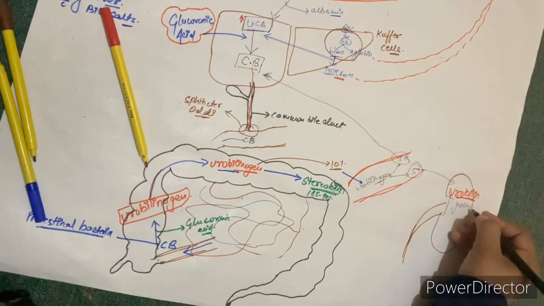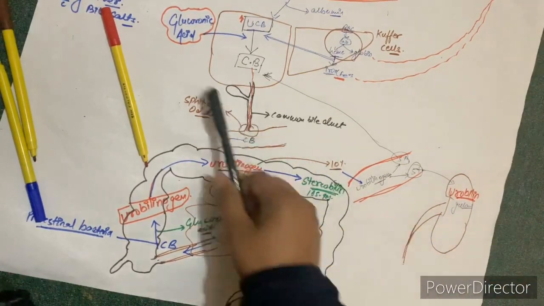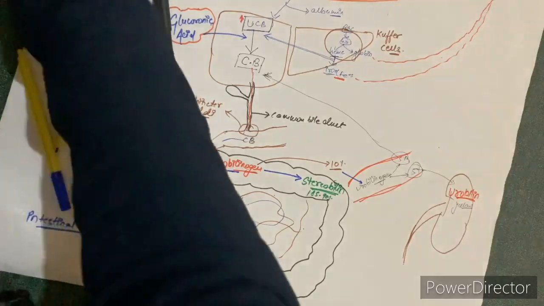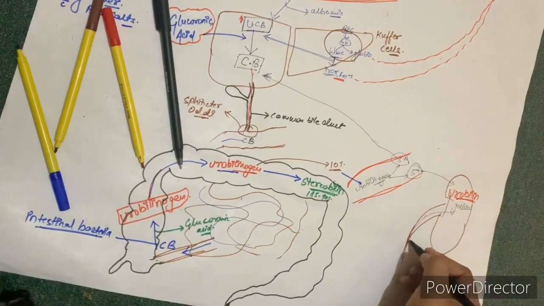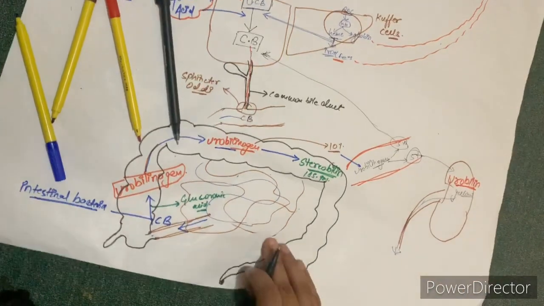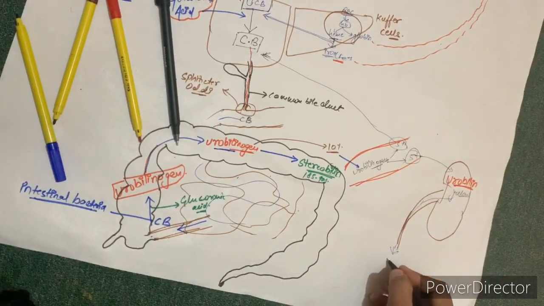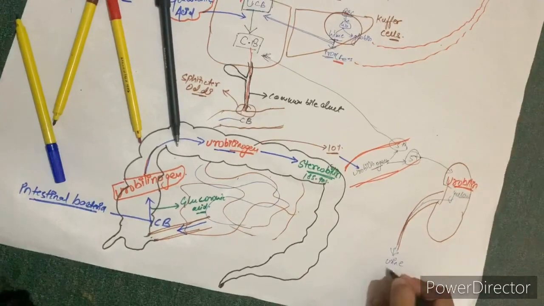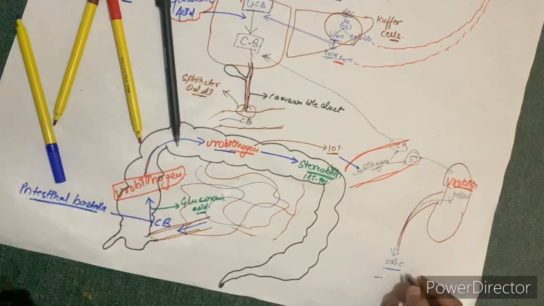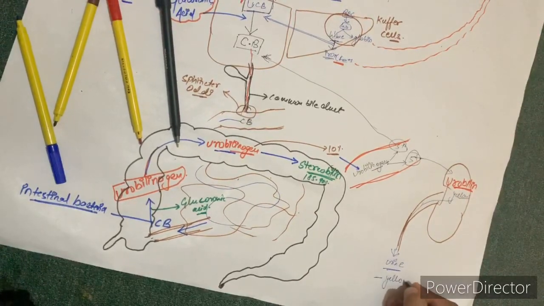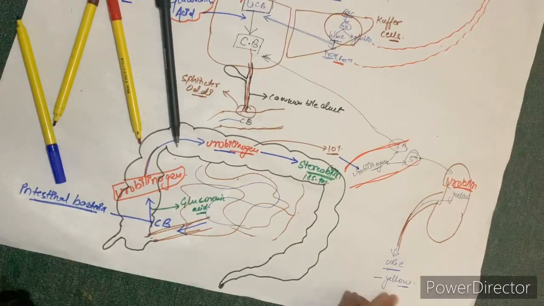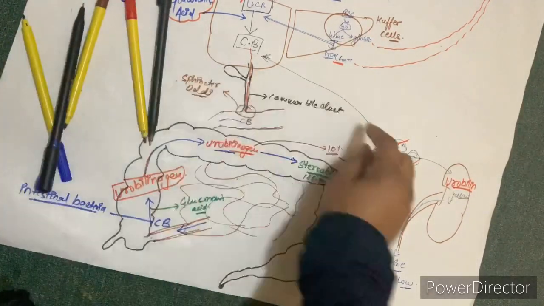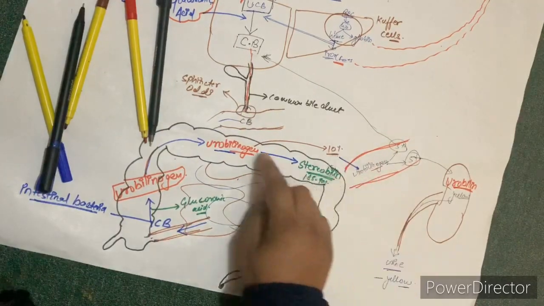Again this is water soluble, so it can be easily excreted by the kidney with the urine, so this gives a yellow color to the urine. So this is about the 10%.